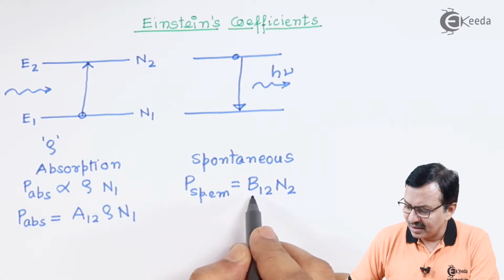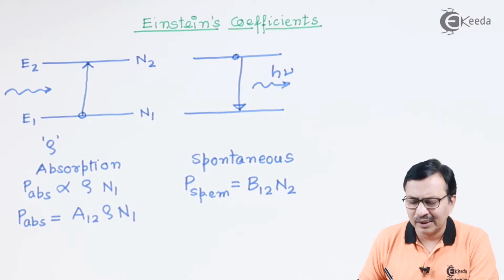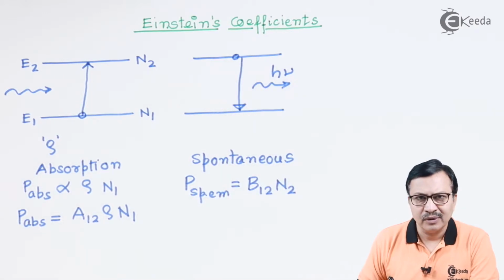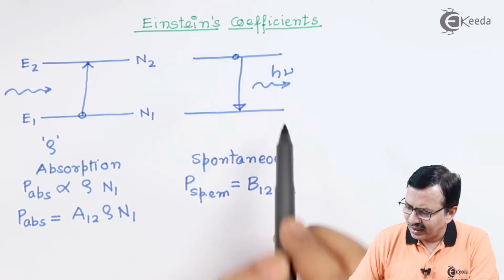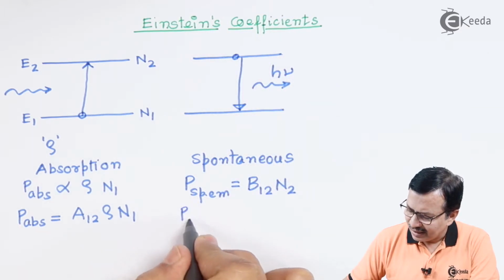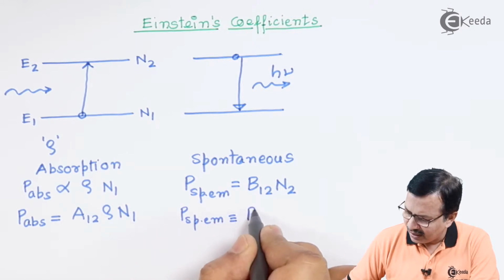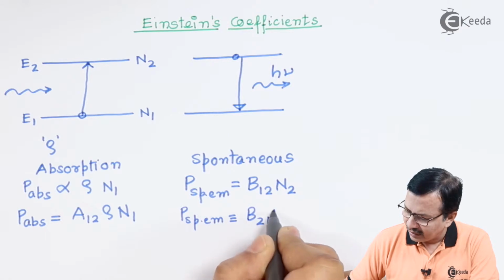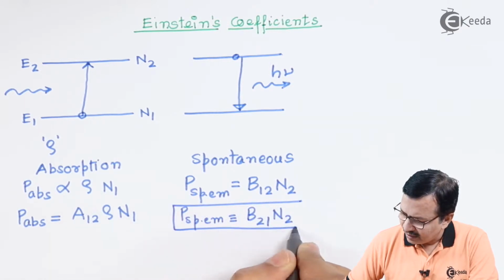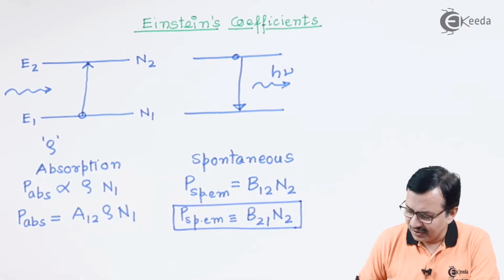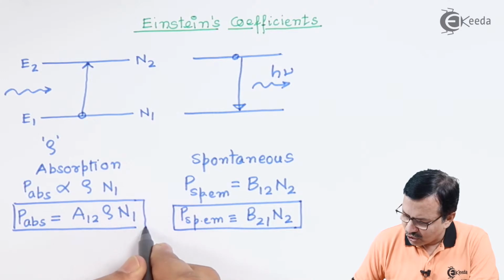Here B12 is the Einstein's coefficient for the transition from level 2 to level 1. To be more precise, let us write this as B21 into N2. So this is going to be my probability for the spontaneous emission, and the earlier one is the probability for the absorption.